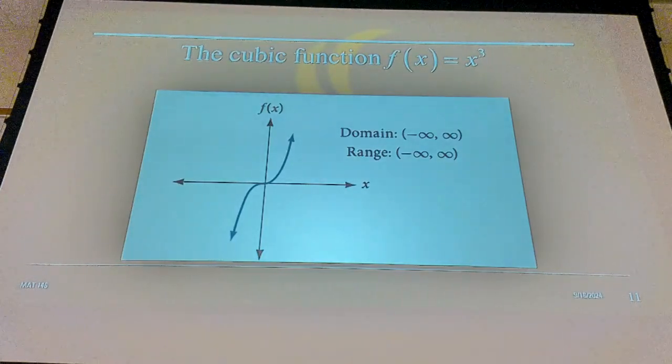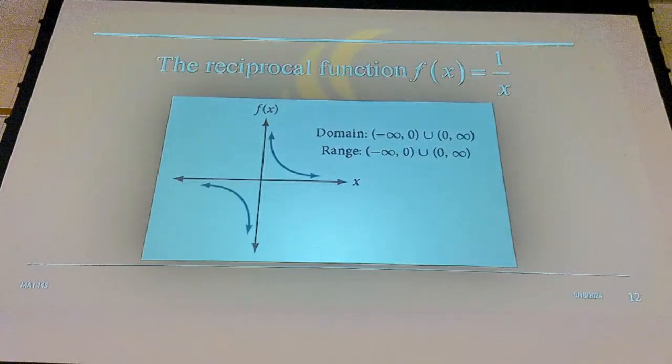The reciprocal function, 1 over x. Domain and range, all real numbers except 0. Should it be brackets? Oh, yeah.